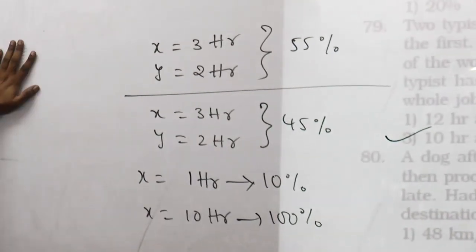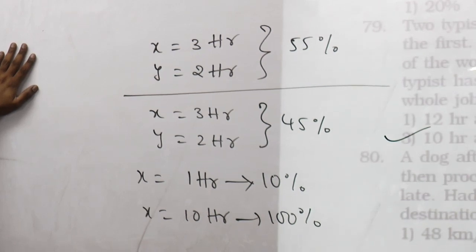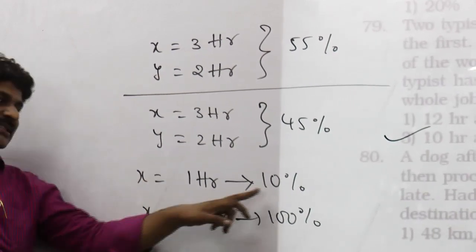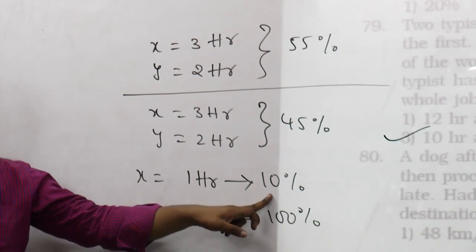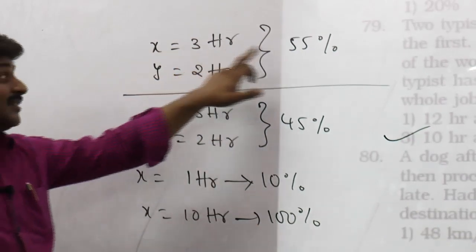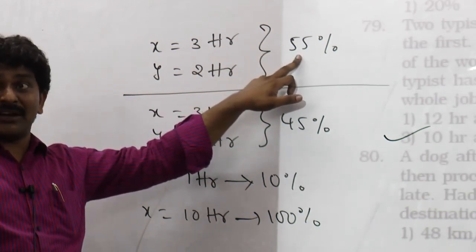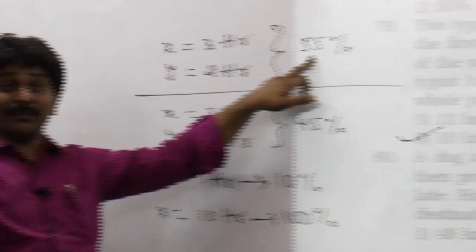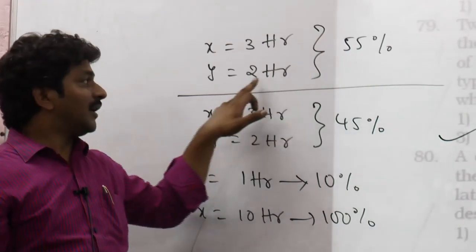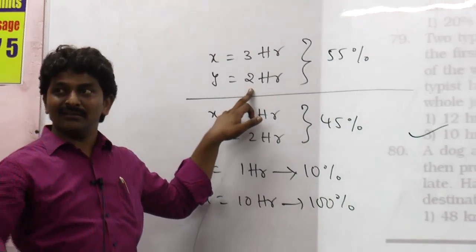If you want to calculate Y also, in 1 hour X can complete 10%. In 3 hours X can complete 30%. Out of 55%, 30% is the work done by X. Then what about remaining 25%? In how many hours? 2 hours. To complete 50% of the work?